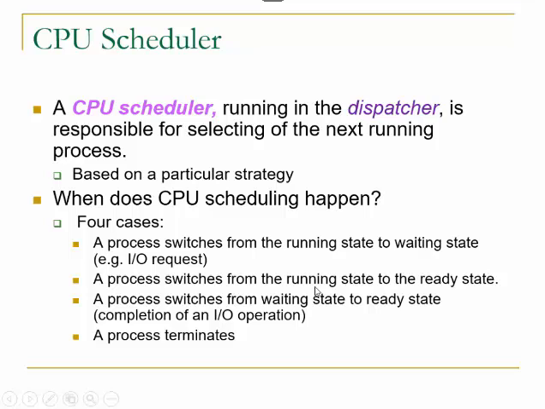The second case may happen depending upon priorities. Whenever a new process joins the ready queue and it has a higher priority compared to the other processes, then this could happen.